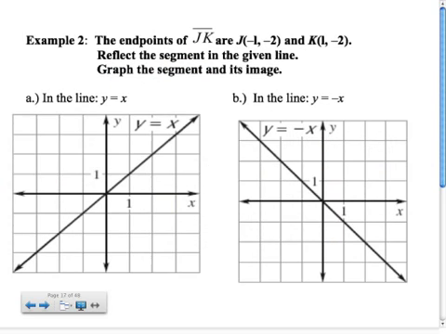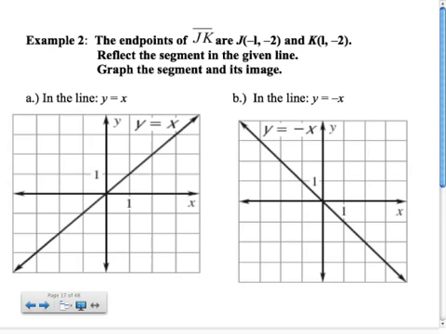The endpoints of JK are J (-1, -2) and K (1, -2). Reflect the segment over the given line. Again, you can either count, or you can know the coordinate rule.